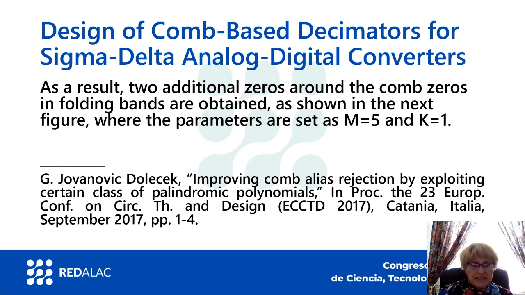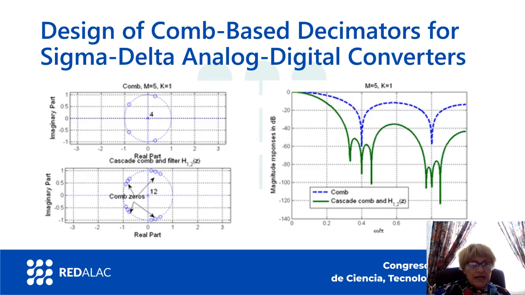This work is presented in this reference from 2017. Here we have zeros of the comb filter, and cascading with the filter H2, around each original zero we get two additional zeros, as shown in this figure.